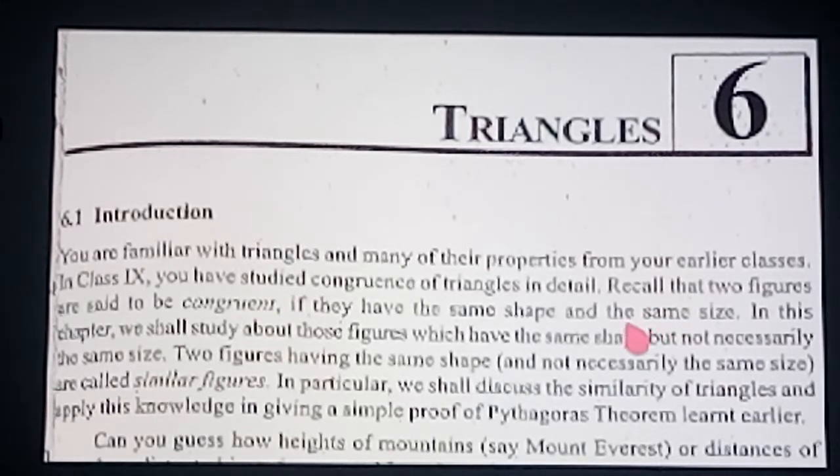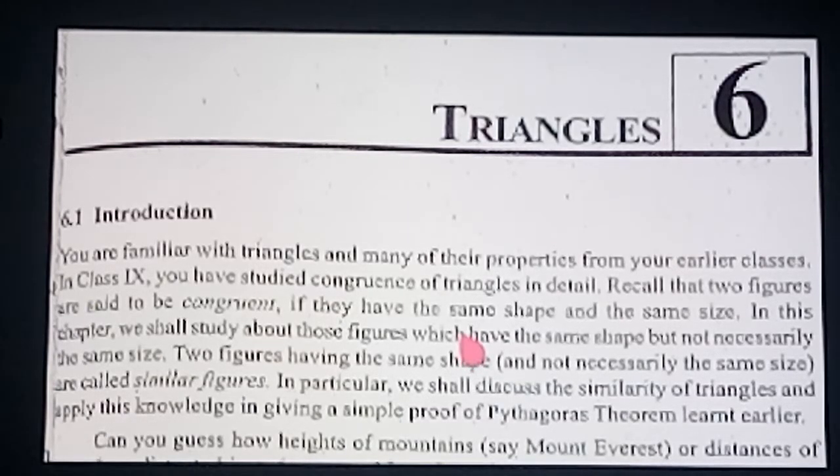And you have studied congruent triangles last year. When we are taking any two triangles, say triangle ABC and triangle PQR, or triangle ABC and XYZ, if all corresponding sides and corresponding angles are equal, then the two triangles we can say are congruent triangles. For example, in triangle ABC and triangle PQR, take AB.